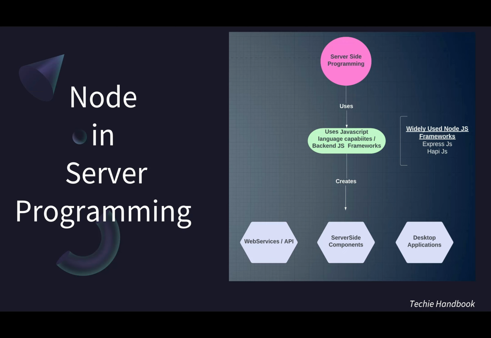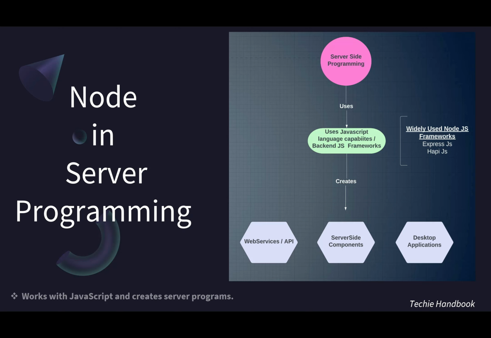Express.js and Hapi.js are the most used server-side JavaScript frameworks. There are a few other frameworks also available, but these two are the most used ones. Using Node, we can create web services or REST APIs. Nowadays, Node APIs are the most preferred web services to use in web applications. It becomes more powerful due to its scalability in network applications and also its ability to work with JavaScript.